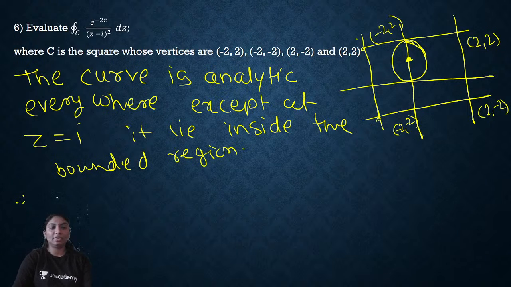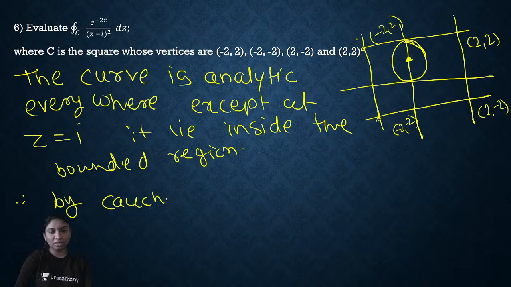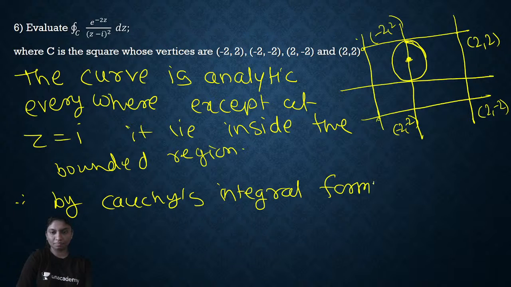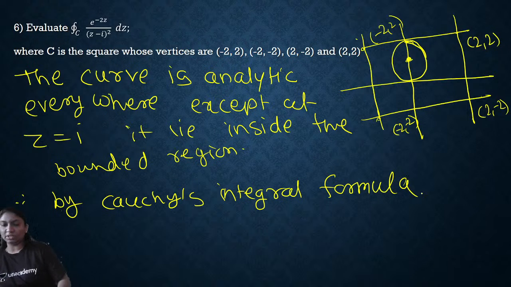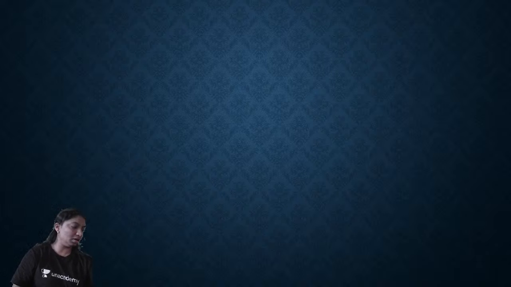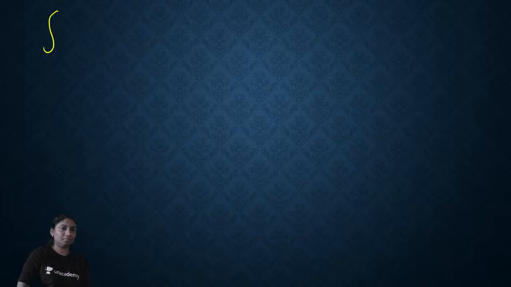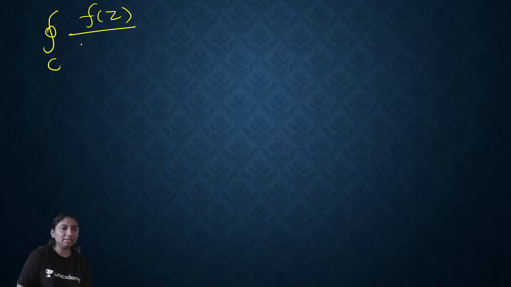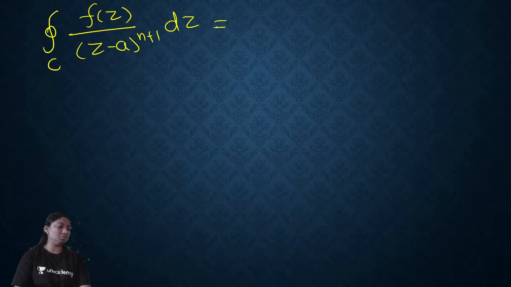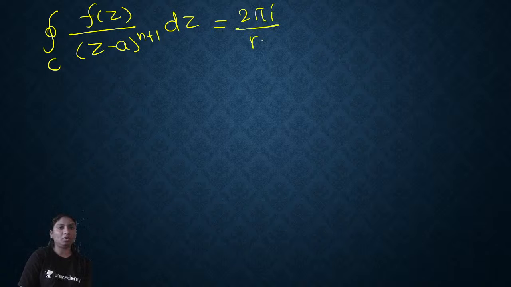Therefore, by Cauchy's integral formula we will get, integral over C of f of z upon (z minus a) bracket raised to n plus 1 dz is equal to 2 pi i upon n factorial into f raised to n at a.